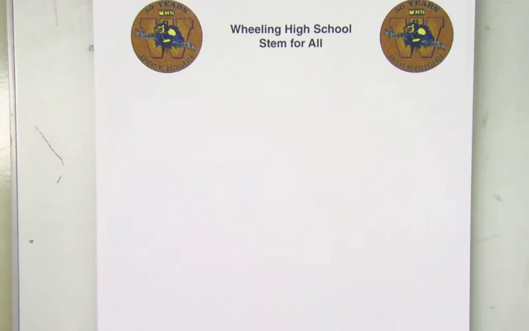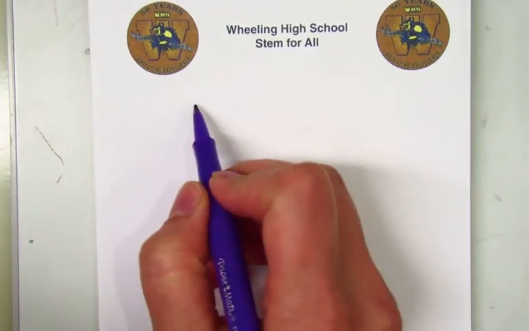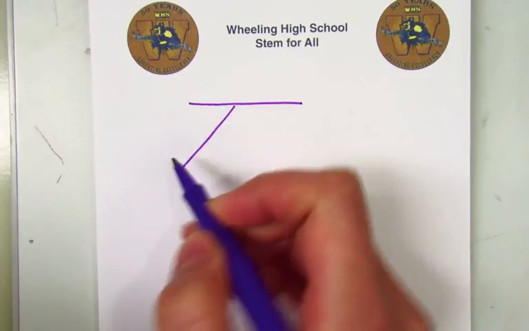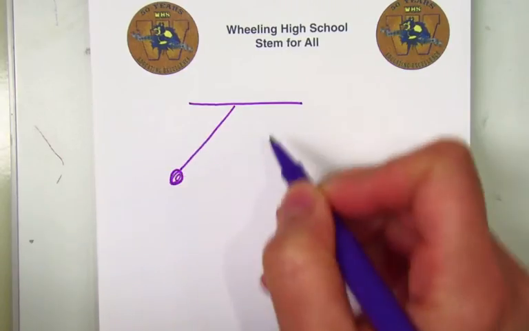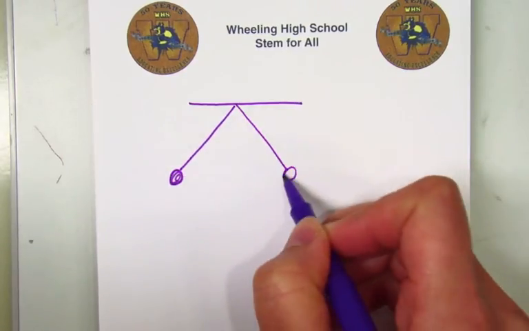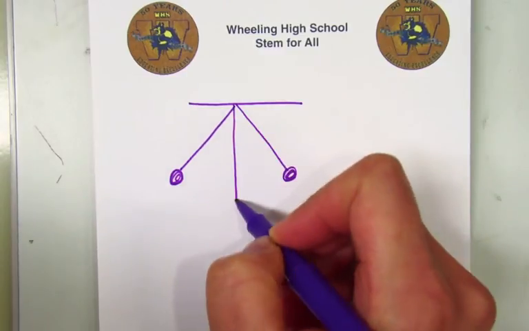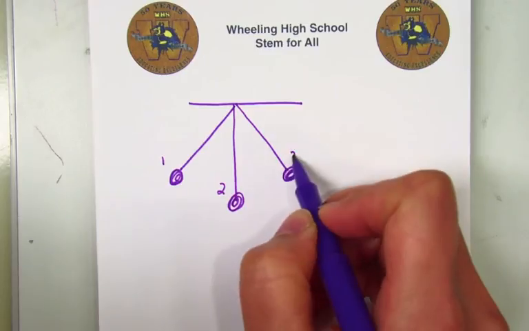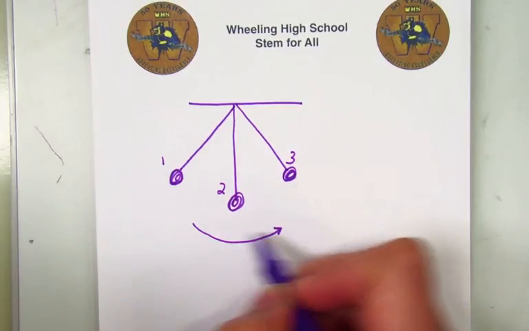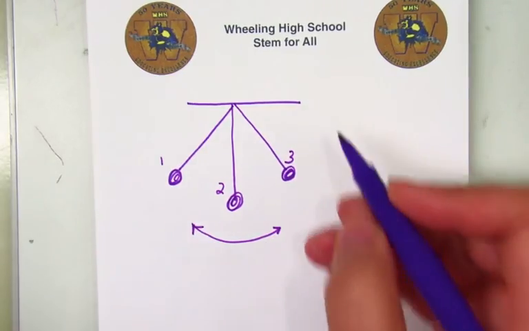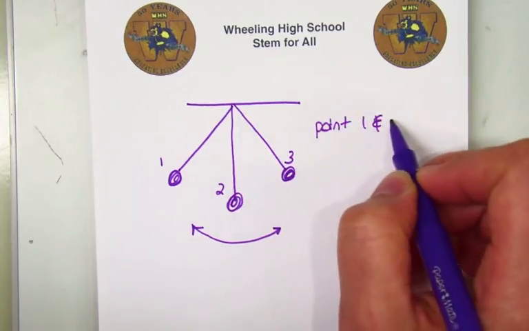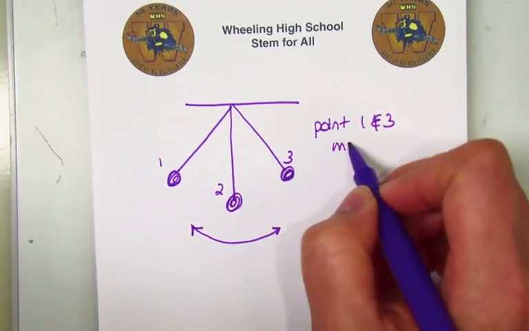And the second thing I would like to talk about is the relationship between these 3 points. So if the pendulum is going, let's call this point 1, point 2, point 3, and it is going back and forth. Points 1 and 3 are the maximum displacement points.